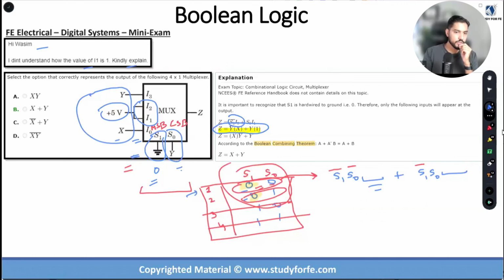The input values S1 and S0, when they're set to 0, 0, are they going to push forward I0 on the output, I1 on the output, or I2 or I3? I0, correct? Because 0, 0 tells me that I need to push the first input. And the first input in this case is I0.